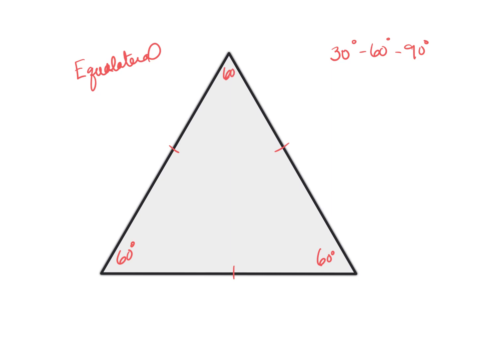But if we divide this equilateral triangle in half with a perpendicular bisector, we get two smaller triangles, each with a 30 and a 90 degree angle.